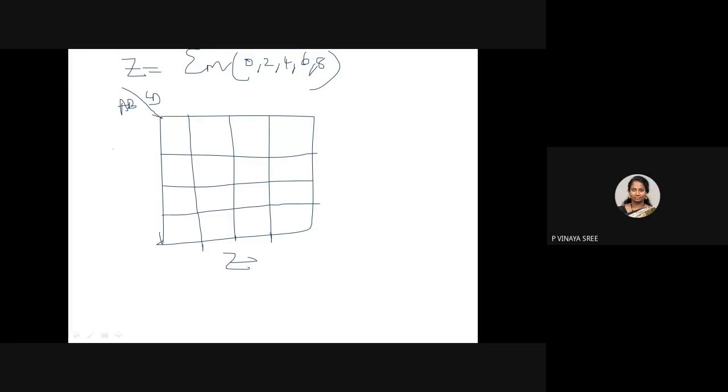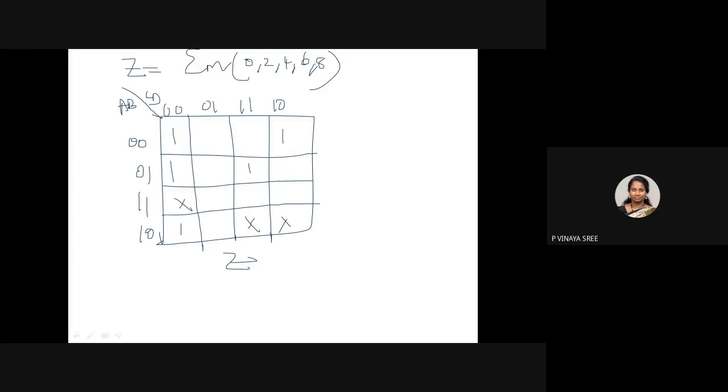So you will be having 0, 0, 0, 1, 1, 1, 1, 0. And for 0, we need to place 1, for 2, for 4, for 6, for 8. And in the remaining cases, we need to place don't care.